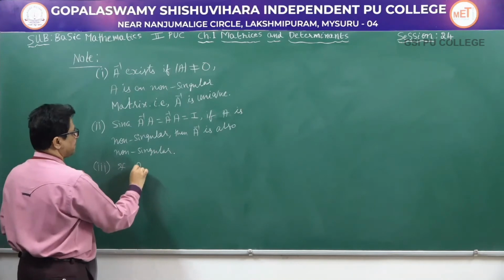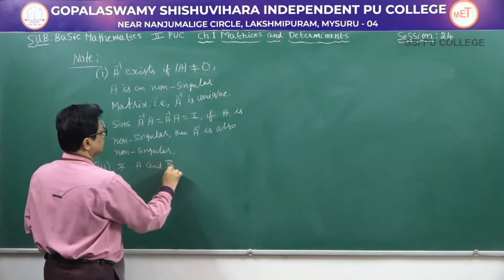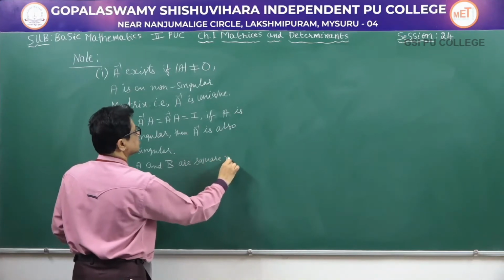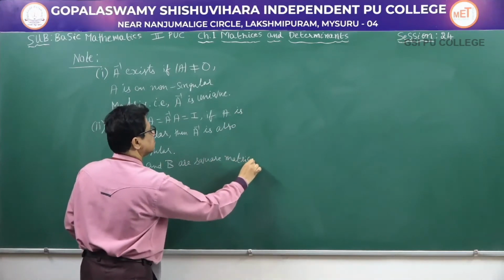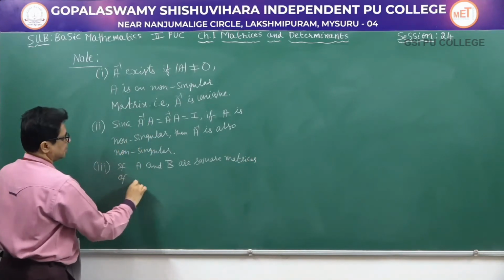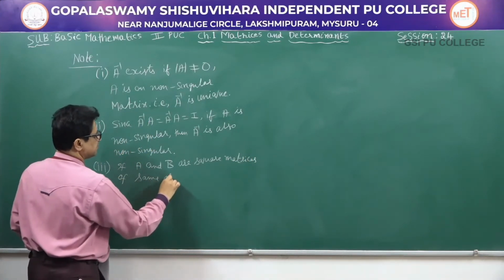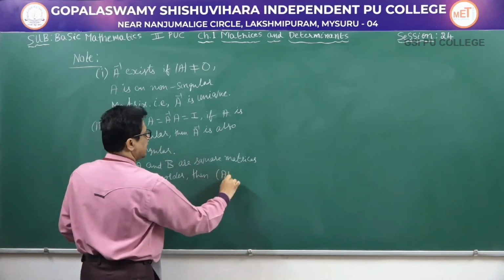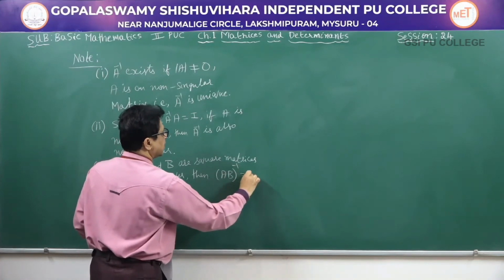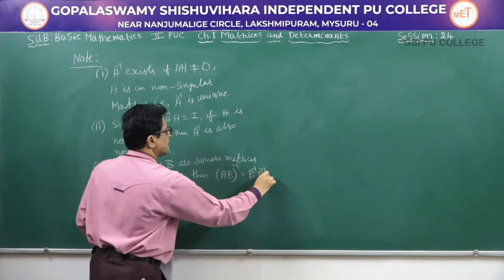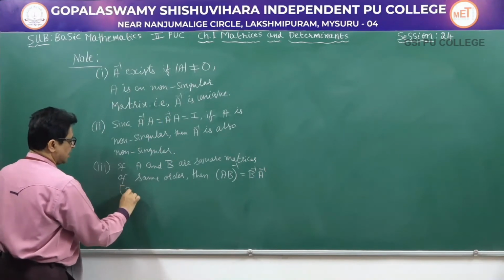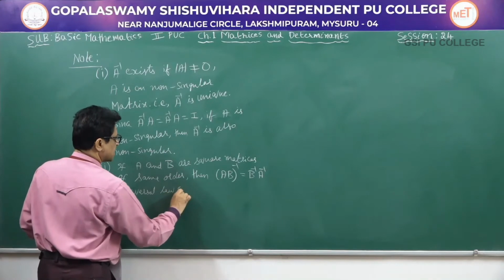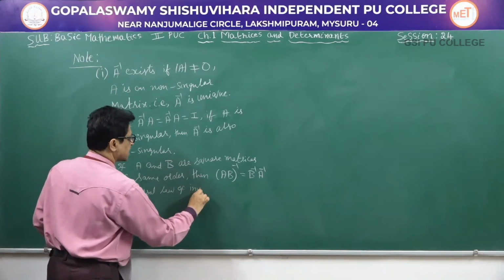If A and B are square matrices of same order, then AB whole inverse will be equal to B inverse A inverse. This is called reversal law of inverses.